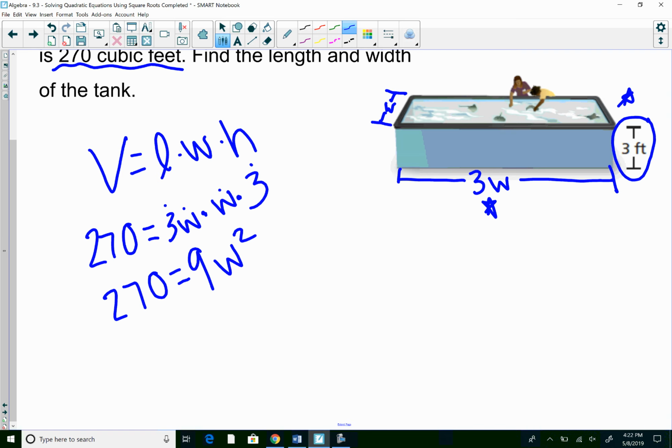W squared factors into W times W. Again, our goal is to start getting W all by itself. We need to figure out what our width is in order to find our length, and that's the goal of this problem: to find both the length and the width.